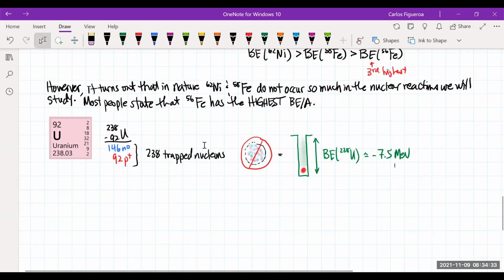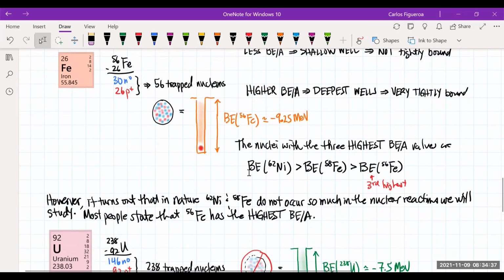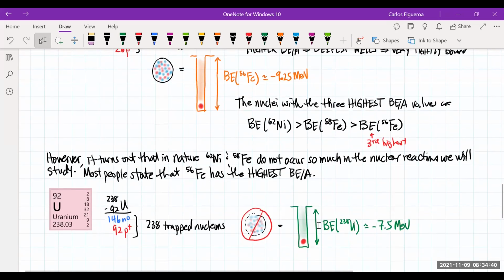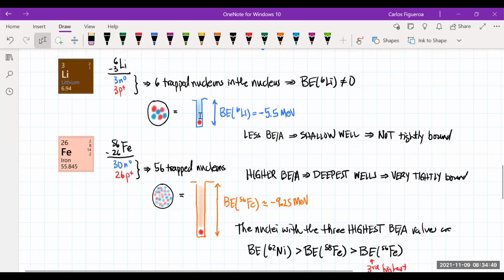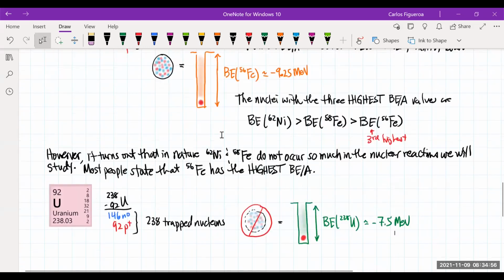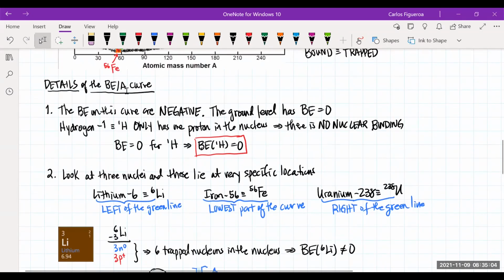When I look at them, you can compare this to the iron one, right? The uranium is less tightly bound, whereas the iron is more tightly bound. And you could see that it would be easier to take a nucleon out of lithium than it is to take one out of uranium. So that is, in a nutshell, what this curve is telling us. But we still got to go through a lot more details here.